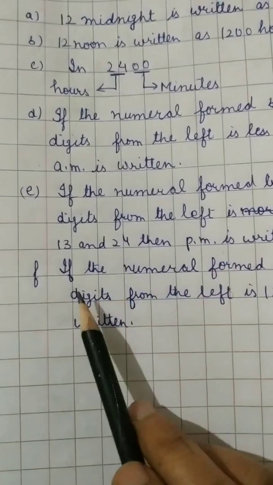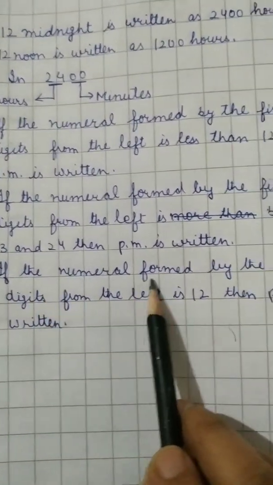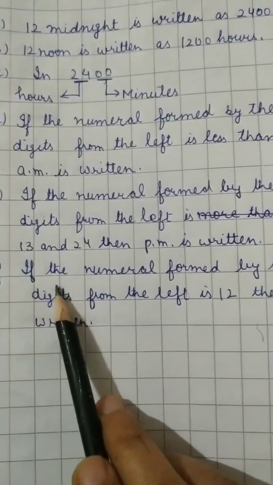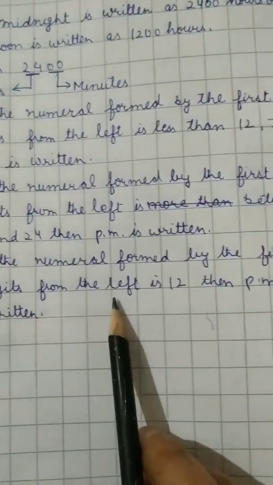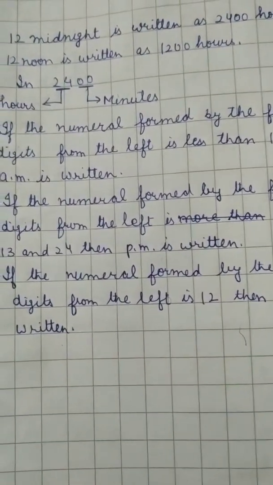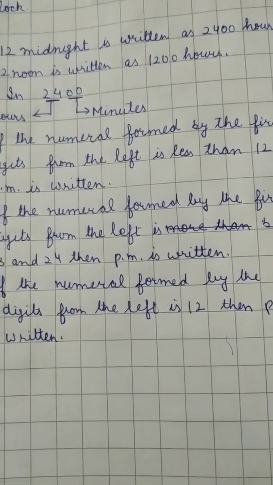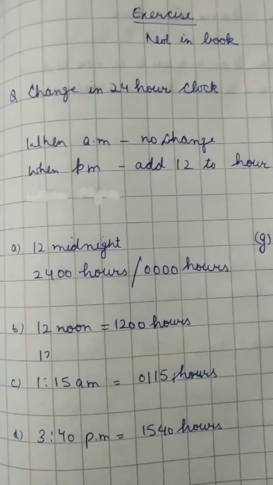Next, if it is 12 then we write PM, but the number will not change. When you do the questions related to this, the topic will become more clear to you. So let us do the question answers now.